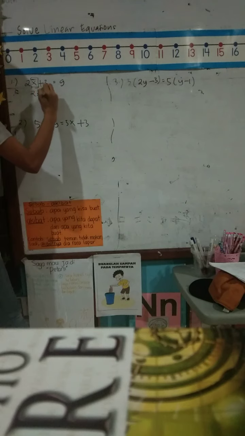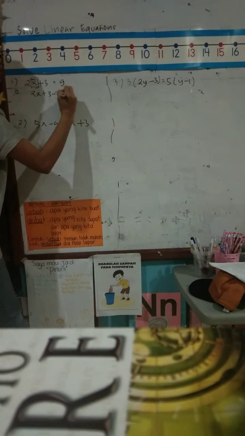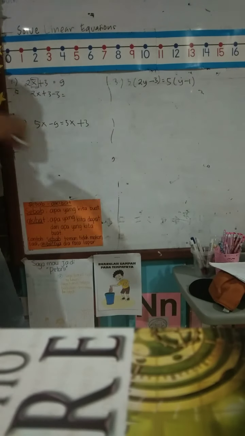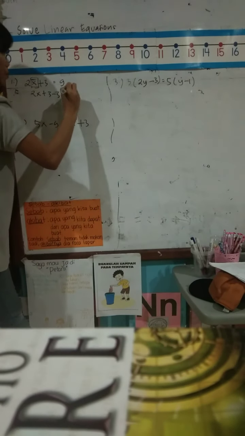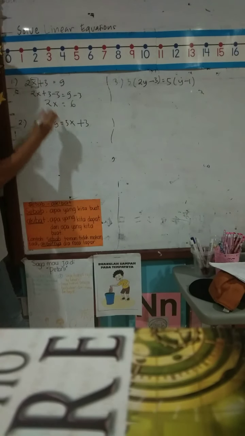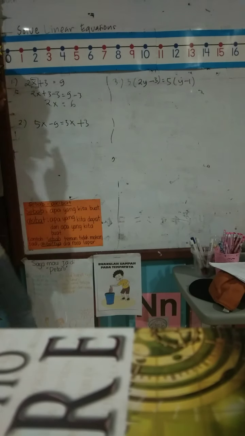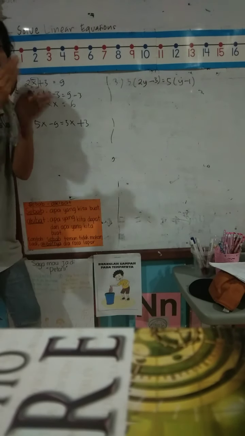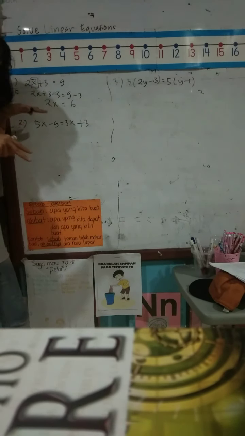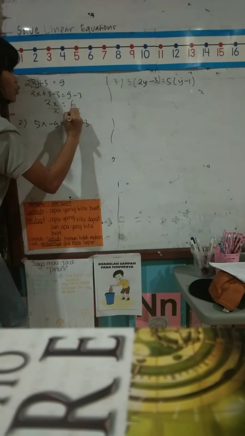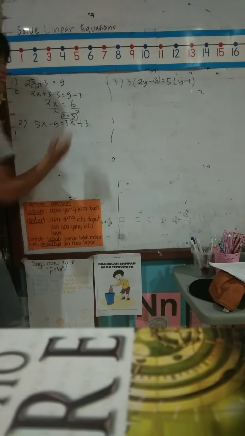So 2x plus 3 minus 3 equals, when you minus 3 on the left side, you also minus 3 on the right side: 9 minus 3. So 2x equals 6. To find the value of x, divide both sides by 2. So x equals 3.